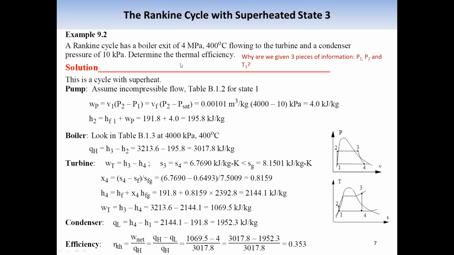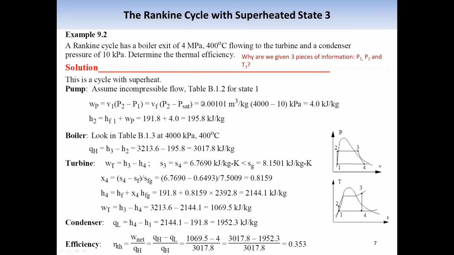So we are given 3 pieces of information. We can estimate all the fluid properties at the 4 states. We can also estimate the thermal efficiency based on the definition and the first law.